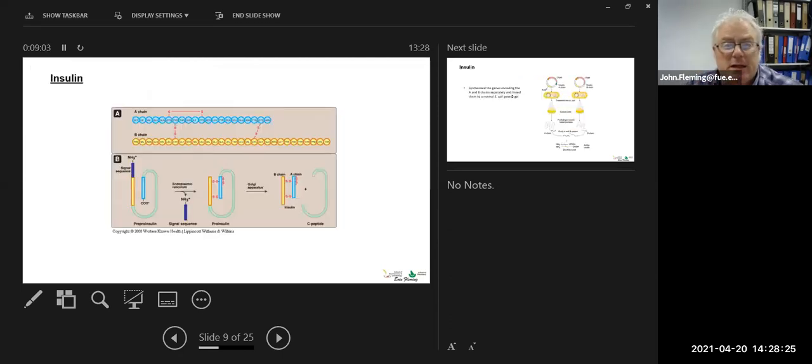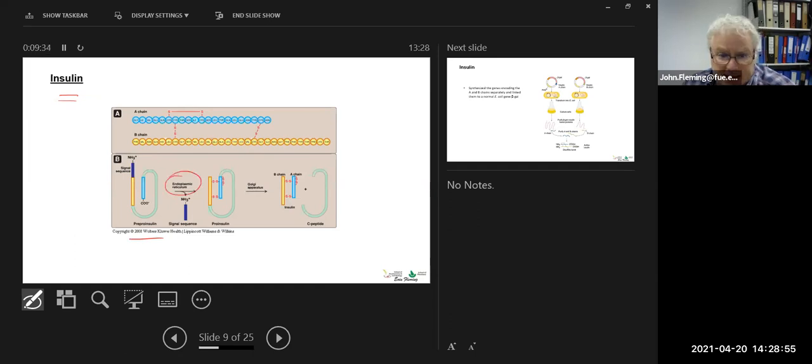So what kind of proteins are we interested in expressing? What therapeutic proteins are we interested in expressing using this sort of technology? Well, my colleague, Dr. Gahan, spoke with you at a fair bit of length about insulin. So I'm not going to go through this in a huge amount of detail, but insulin is actually encoded by a single gene that is translated at the rough endoplasmic reticulum.